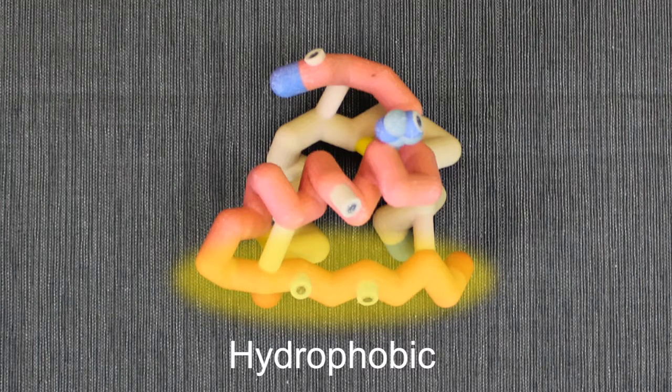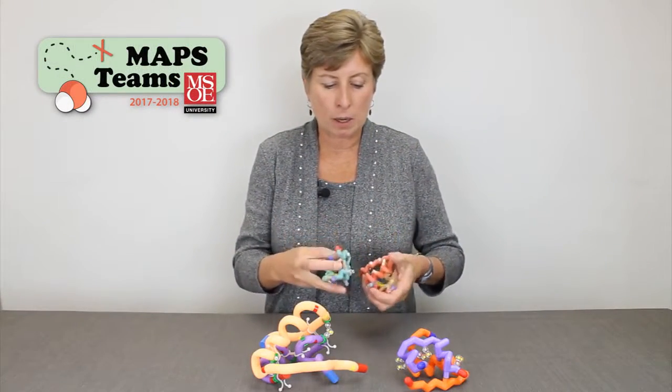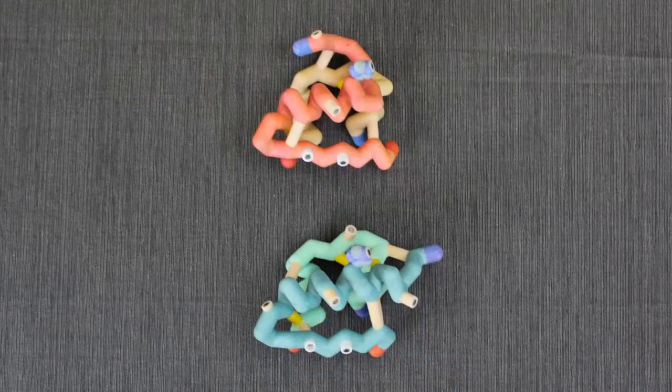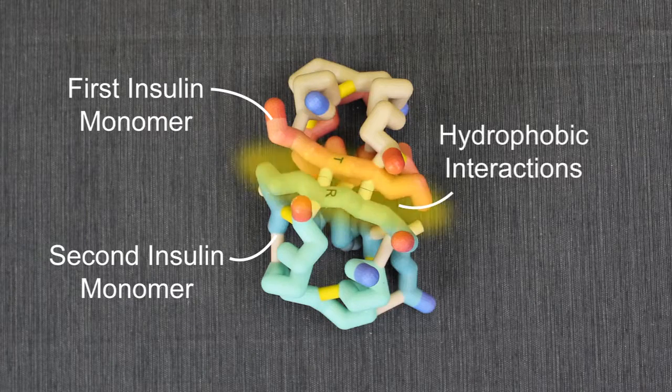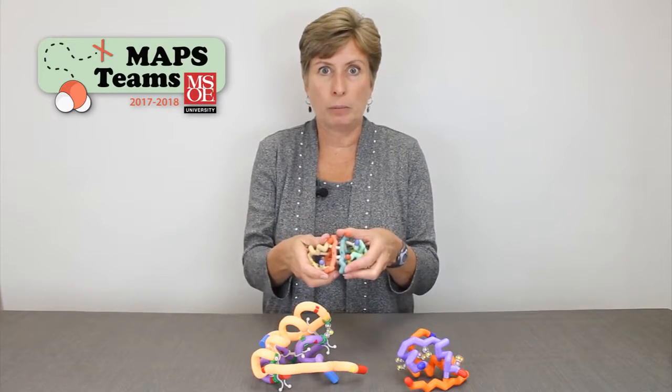And so when there's a high concentration of insulin, these insulin proteins want to come together along this stretch of amino acids, because they'd rather be together with these hydrophobic amino acids than hanging out in the water. So they come together in a dimer.